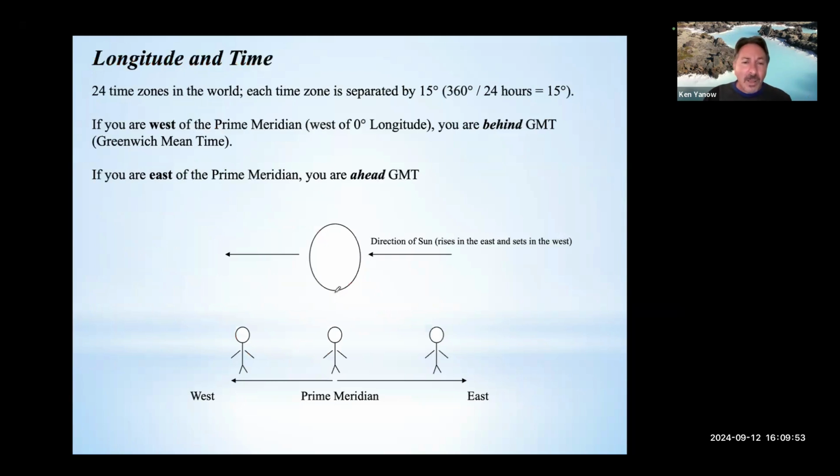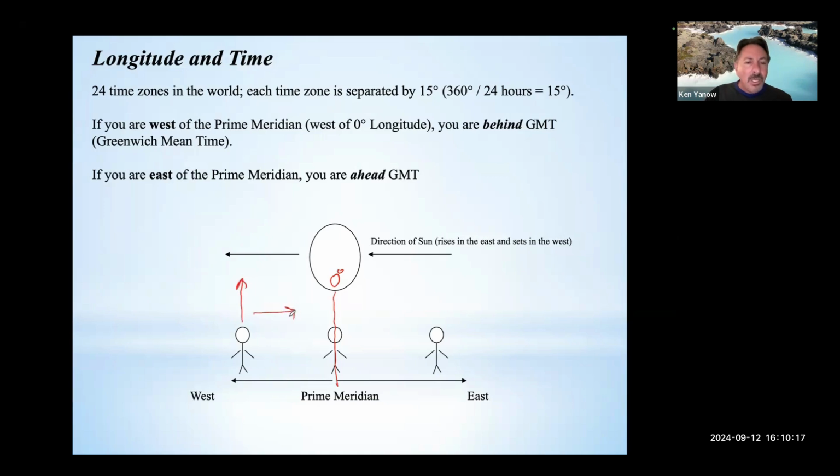Let's say that you're at the prime meridian. And remember, the prime meridian is at 0 degrees. We know that the Earth is rotating on its axis in a counterclockwise direction, which means everything appears to rise in the east and set in the west. So let's say that we are here in the west.